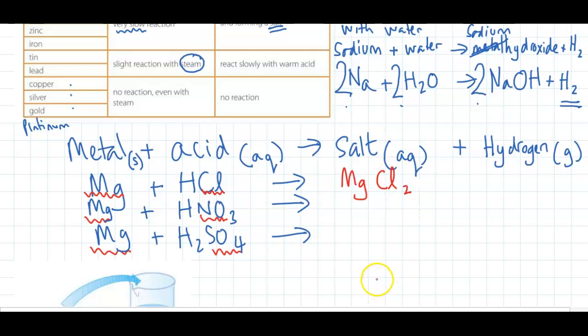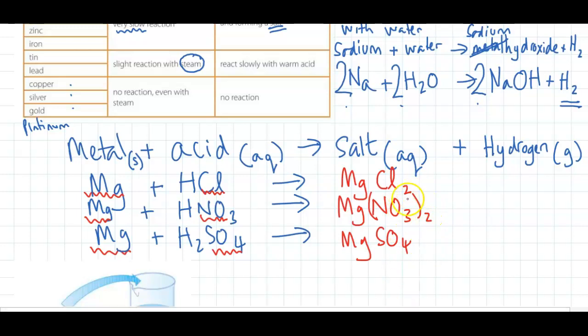There's our formula. This salt will be magnesium nitrate. And this salt will be magnesium sulfate. I need to put that in brackets.